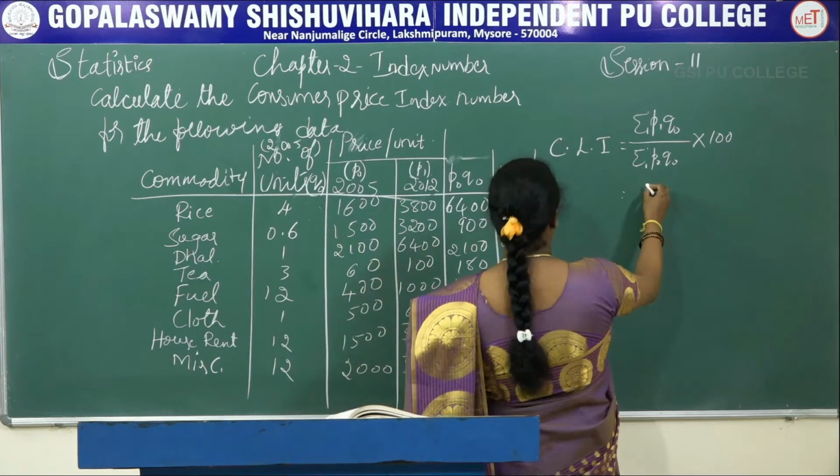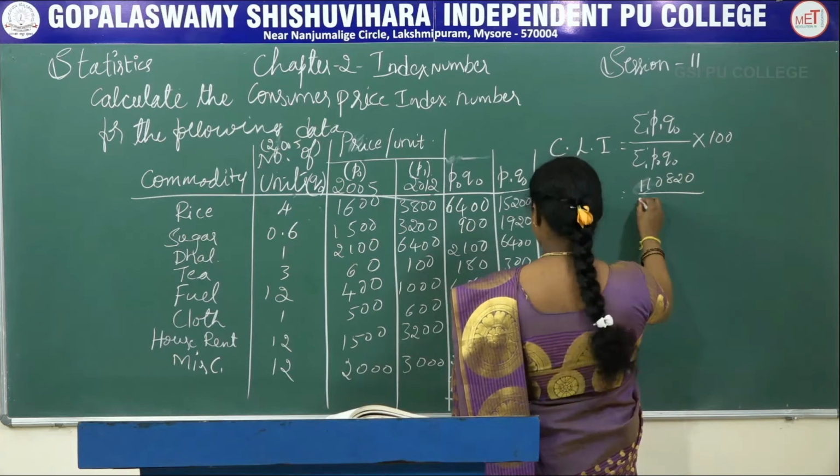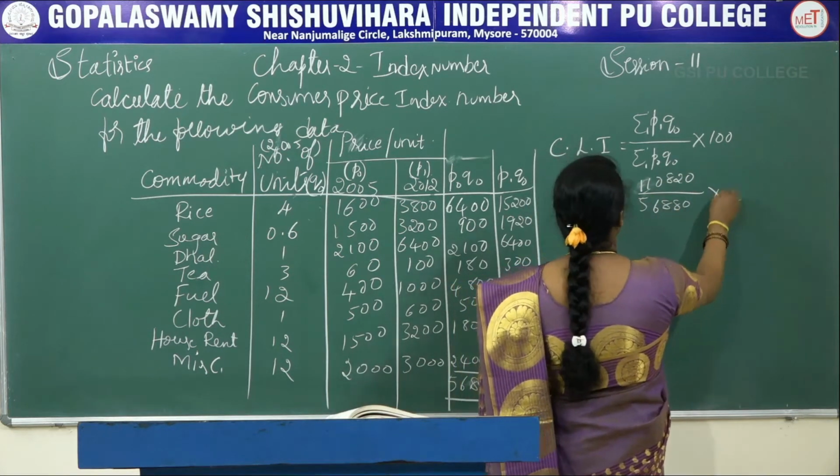Here this is 110820 divided by 56880 into 100.